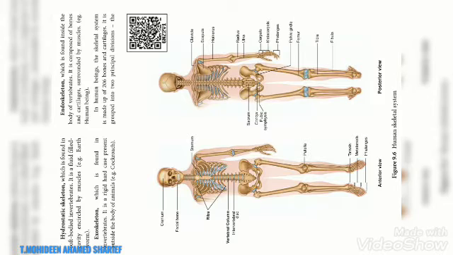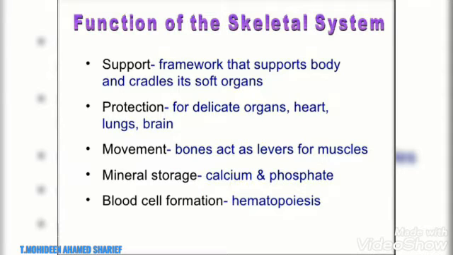Next we will see about the functions of the skeletal system. There are several functions: giving support, shape, protection, acts as reservoir, locomotion, strength, and also has a hemopoietic tissue. First, support.